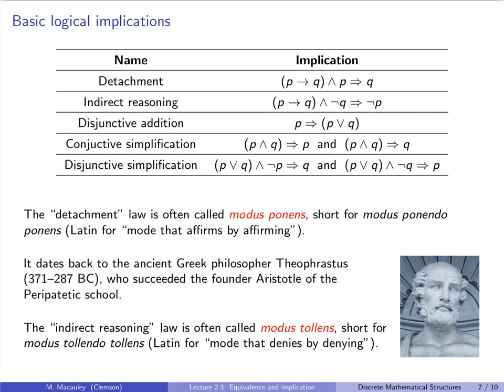Similarly, the indirect reasoning law above, this one, is often called Modus Tollens, short for Modus Tollendo Tollens, which is Latin for mode that denies by denying.